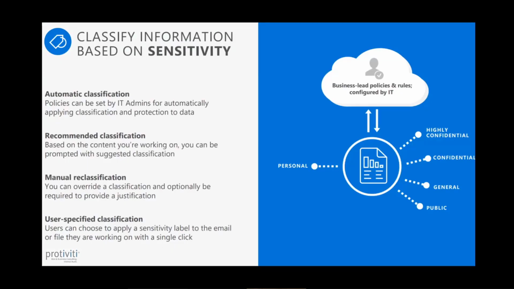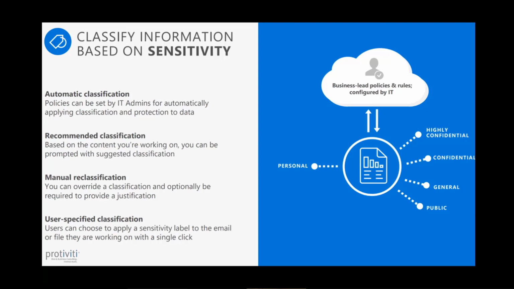So there are different ways to do this. You can do this automatically: as I'm creating content or as I'm sending content, I can automatically classify it. You can do a level of recommended, where we think this is going to be sensitive, but you, the user, still need to classify it, because a lot of this is empowering users to apply these sensitivity labels.